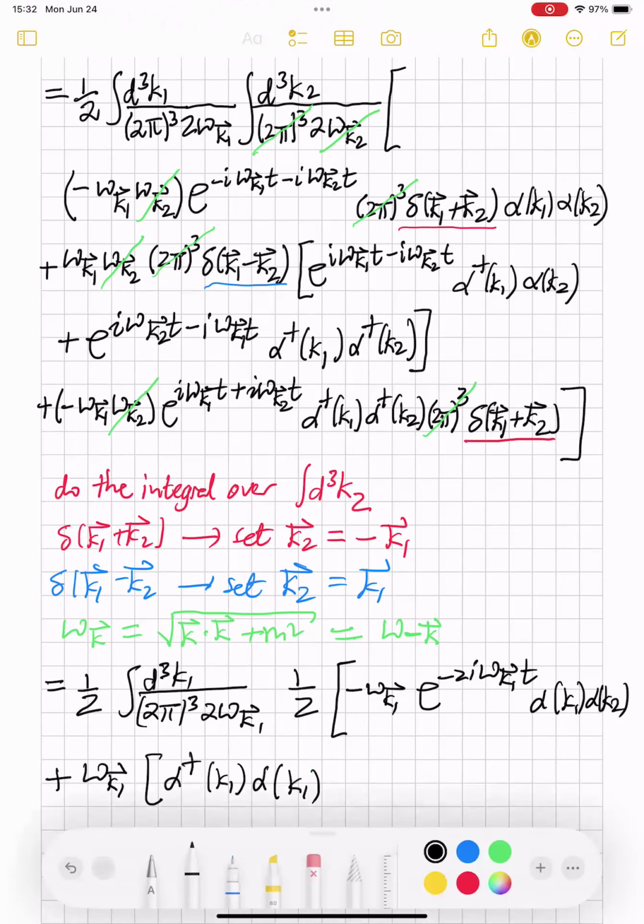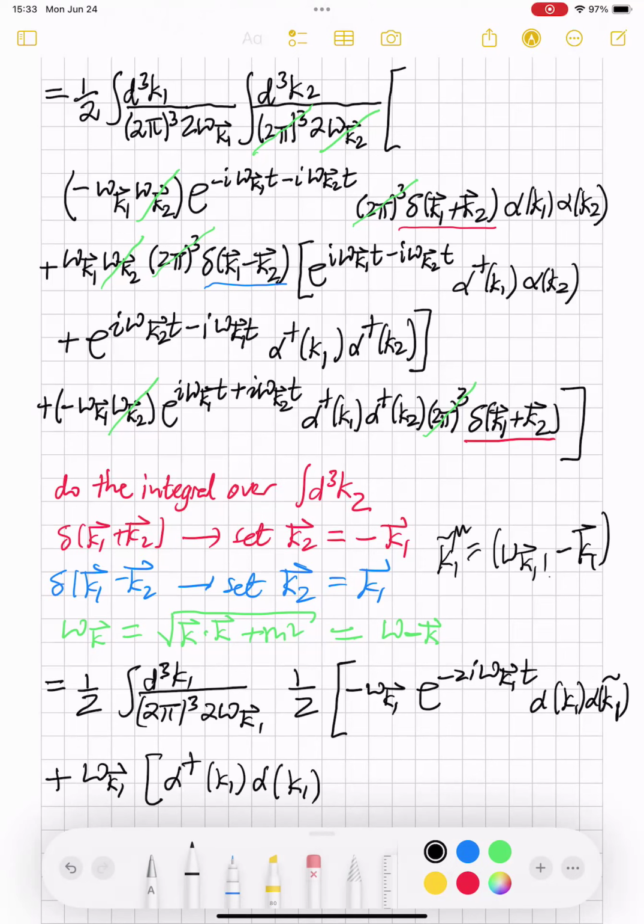Oh, sorry, let me make a note here. Let me call this K1 tilde on the first term, okay? So what is K1 tilde equal to? K1 tilde is equal to omega K1, comma, minus K1. So this is also a 4-vector.